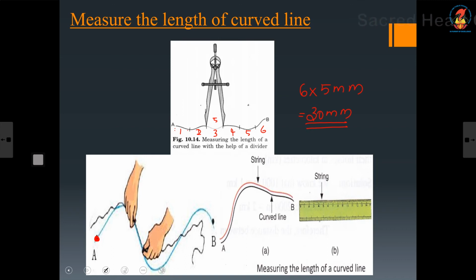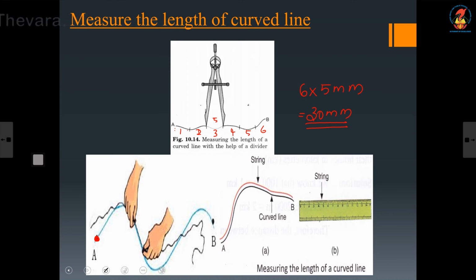Now you stretch that thread along the length of the curved line, pressing it with your forefinger. When you reach point B, again you will make a knot on the thread.